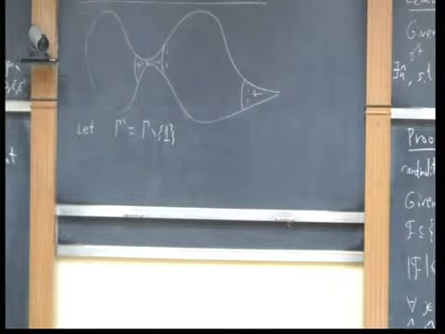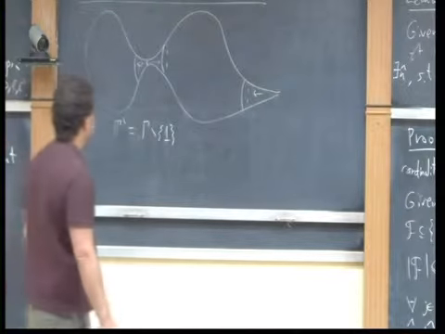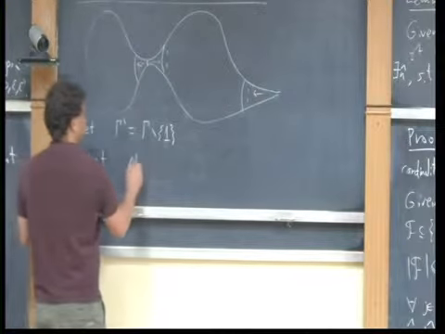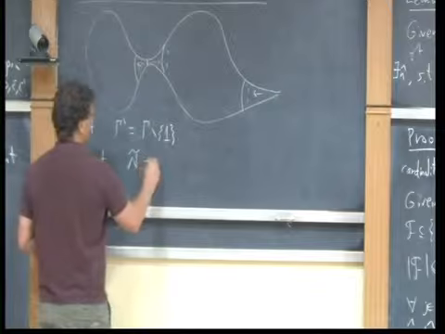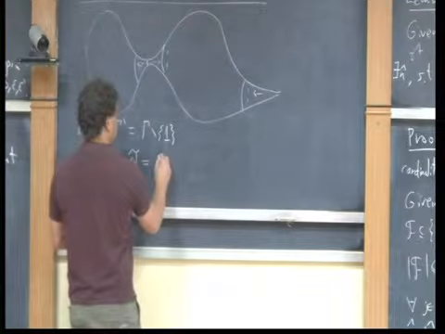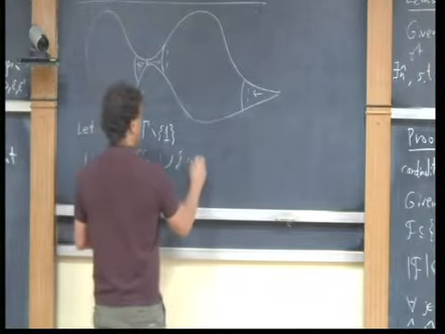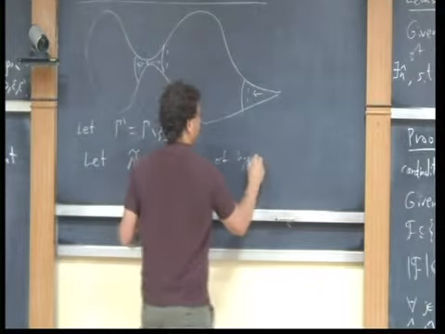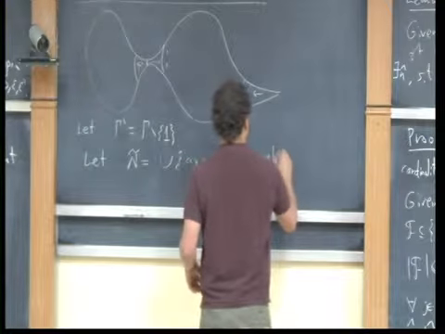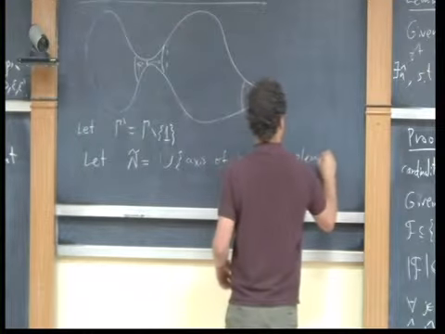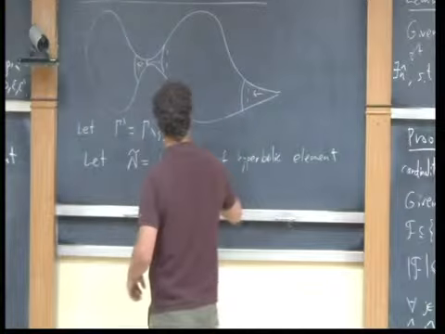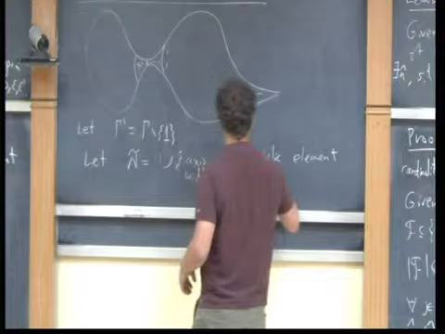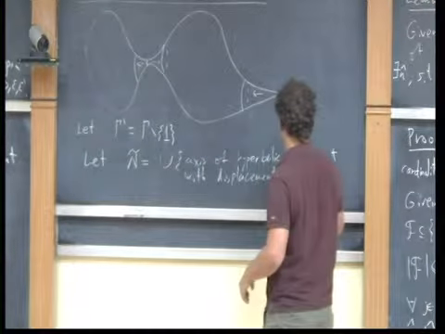So we can let N tilde be the union of all axes of hyperbolic elements with displacement at most epsilon.